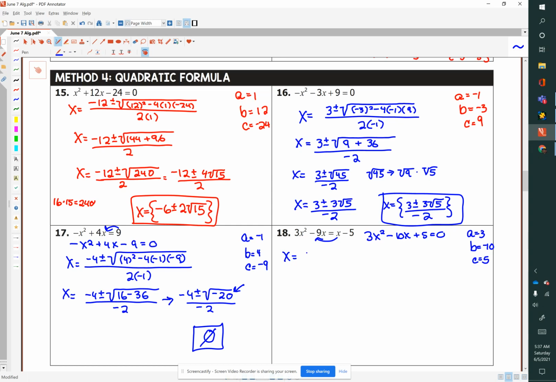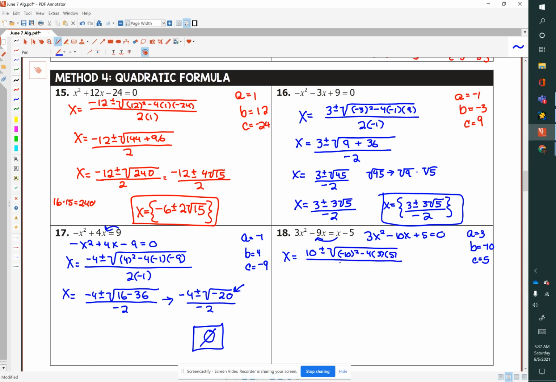we have a negative B value and a negative B in the formula. So that means our B will be positive as we make our substitution. So 10 plus or minus -10 squared minus 4 times 3 times 5. That's our AC.